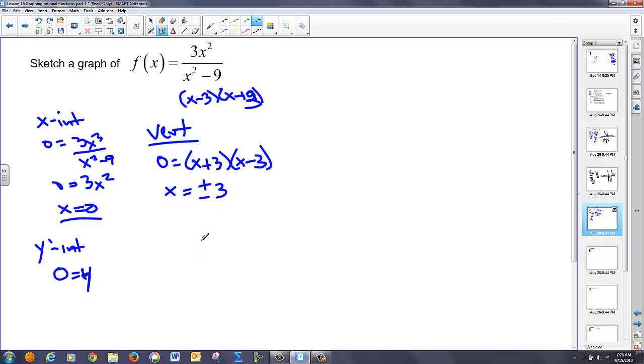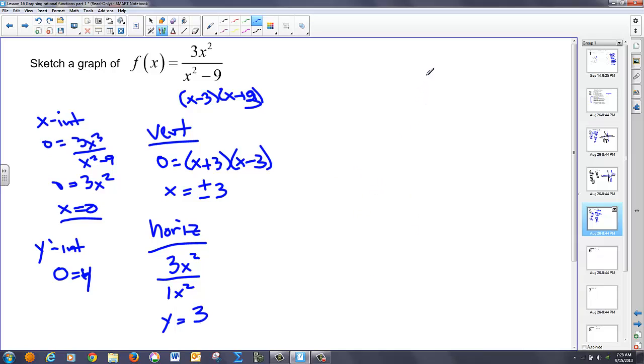That means I'm going to have two vertical asymptotes. Horizontal, degree of the numerator, 2. Degree of the denominator, 2. So since they're equal, y equals 3 is my horizontal.